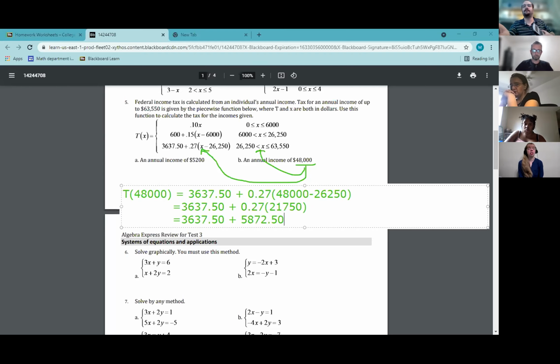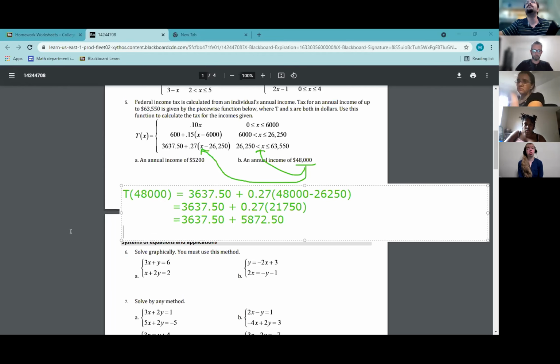Is the number on the second line supposed to be 2,750 or 21,750? $48,000 minus 26,250. It should be 21,750. Okay, thank you. I believe you said 2750, so I just wanted to make sure.